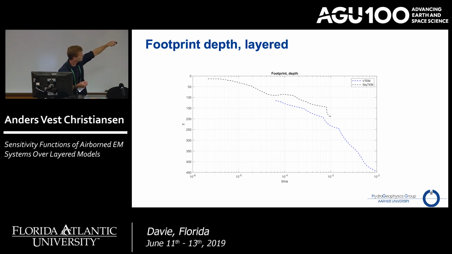That's what you see here just before 1 millisecond: a certain drop in the footprint depth for the SkyTEM, where the maximum of the E field goes from the top layer and moves down into the last layer. That then maps into the sensitivity, and we see this jump.